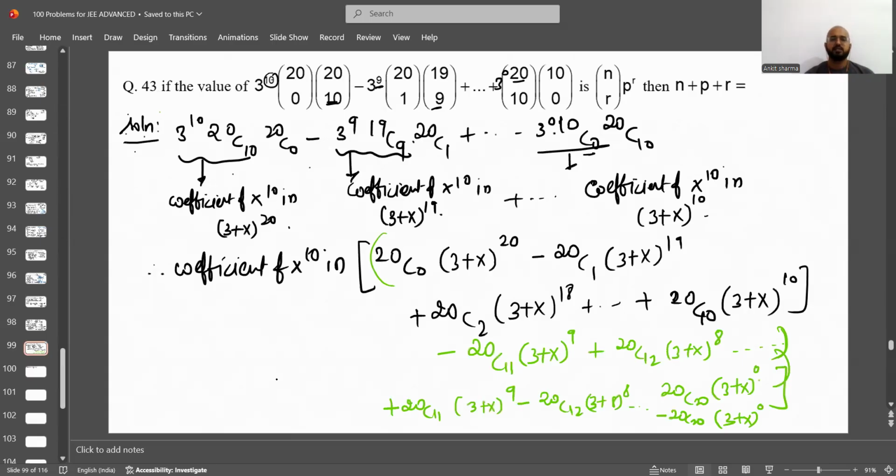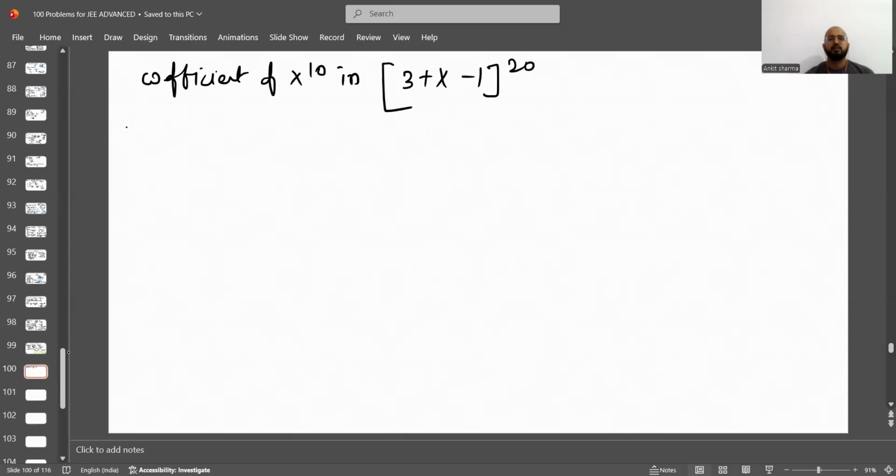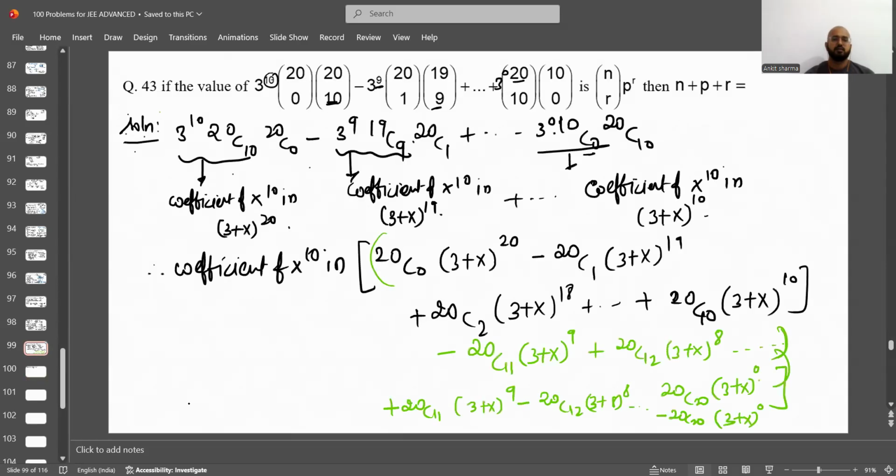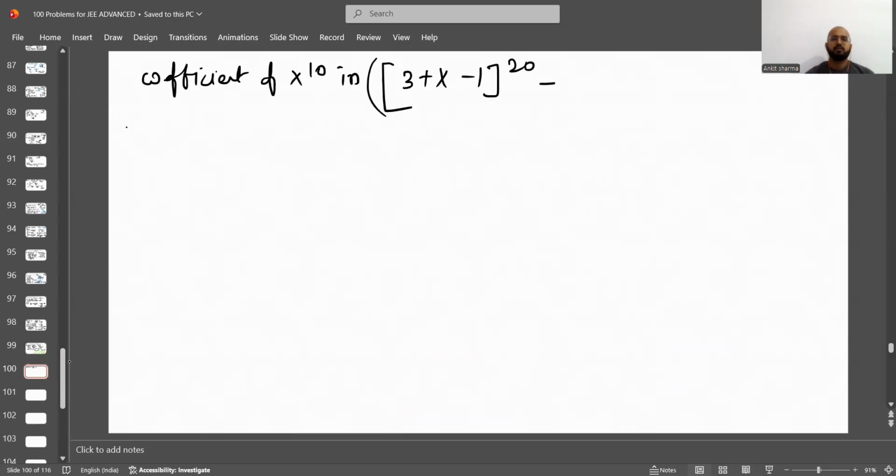And here in this expansion, this part will go right there, and then plus 20c11 into (3+x)^9. And so on up to 20c20, (3+x)^0. So now if I want the coefficient of x to the power 10, of course, I won't be getting all these terms. So this term just goes away, and simply I'm left with coefficient of x to the power 10 in this.